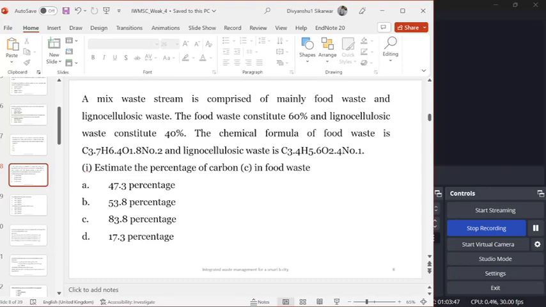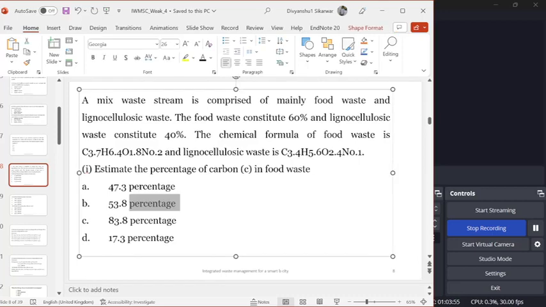No, C is not the correct answer. For the first question, B is the correct answer.